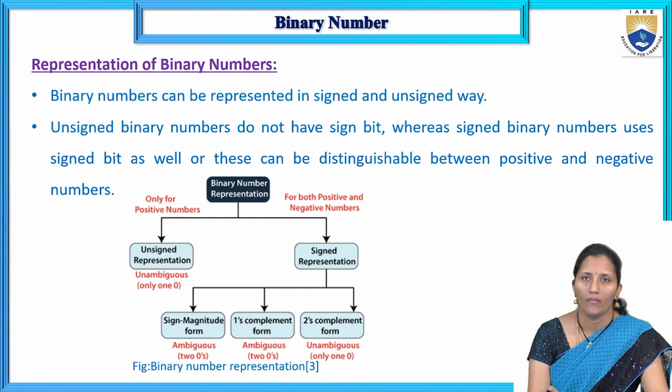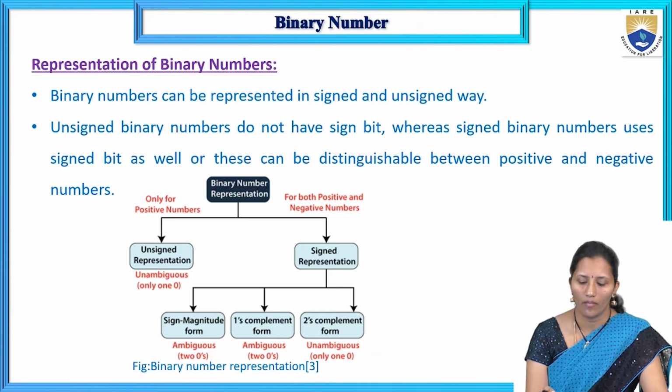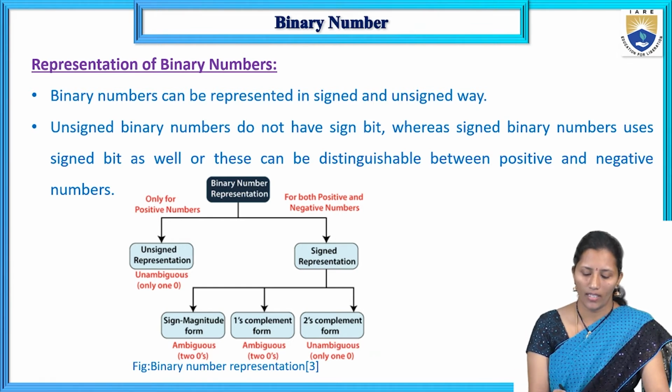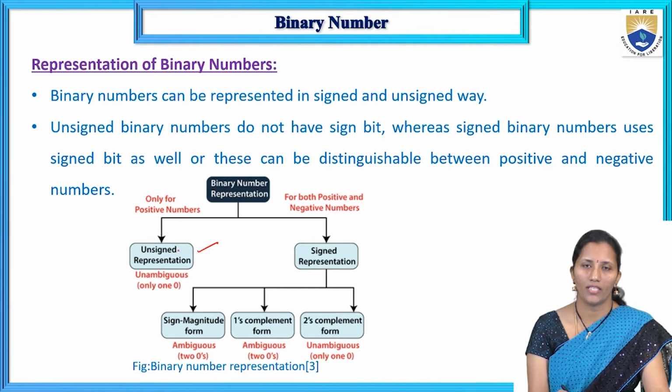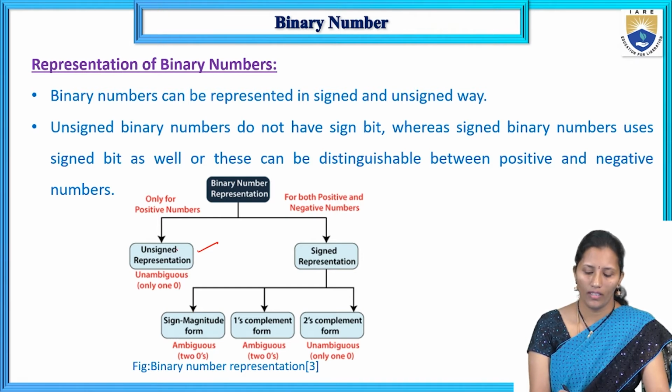So here we have two types of binary number system: the unsigned binary number system and the signed binary number system. In unsigned representation, we have only positive numbers. We don't represent negative numbers in the unsigned representation.